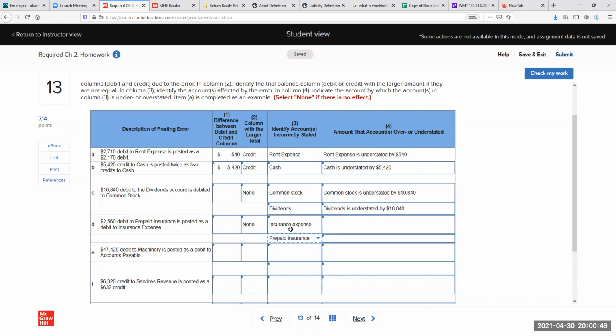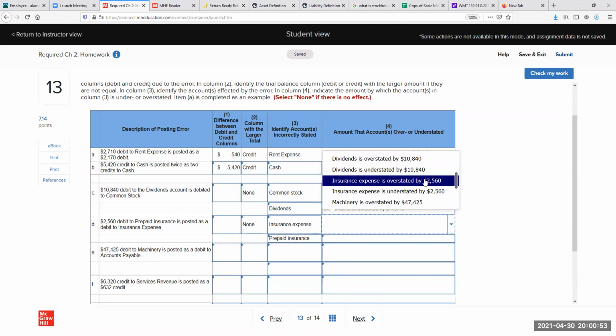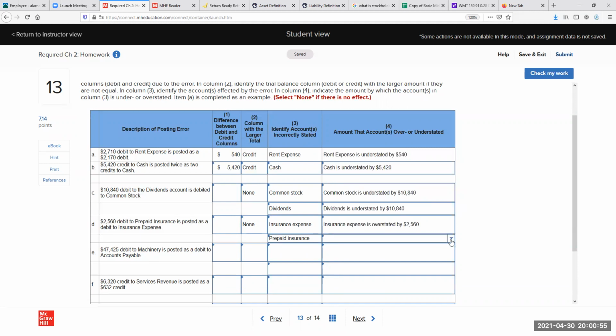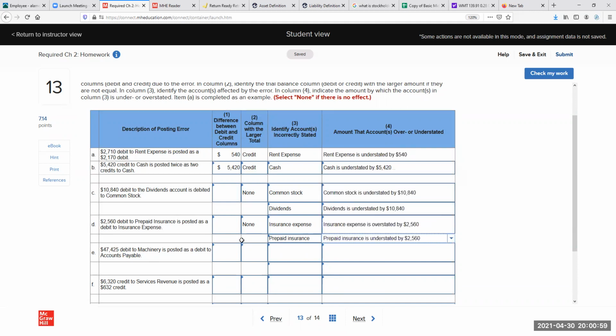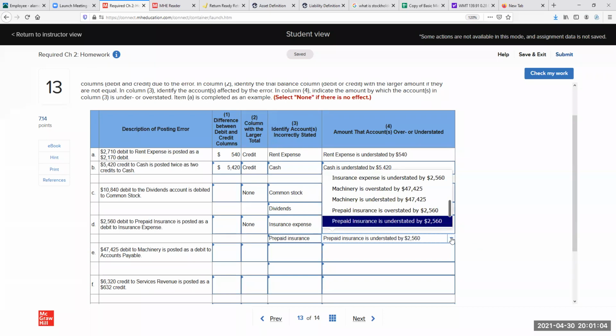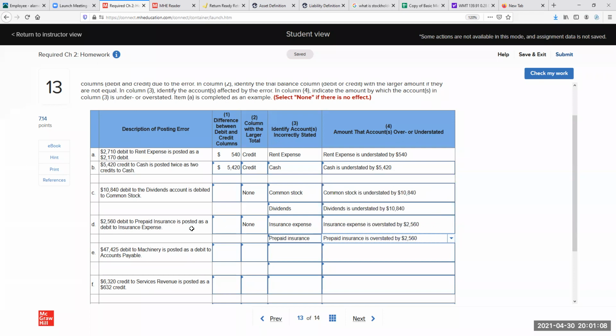Insurance expense is overstated and prepaid insurance is understated because you posted it as a debit. Oh no, so this one's overstated. Debit to prepaid insurance. I think it's understated. All right.